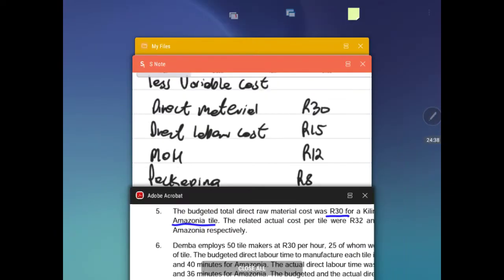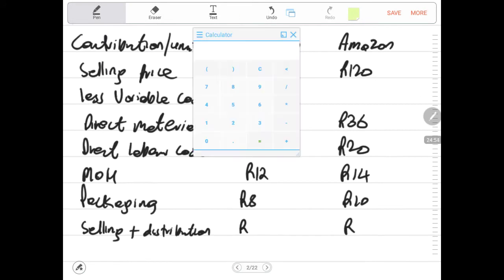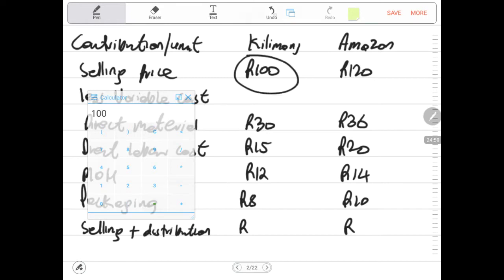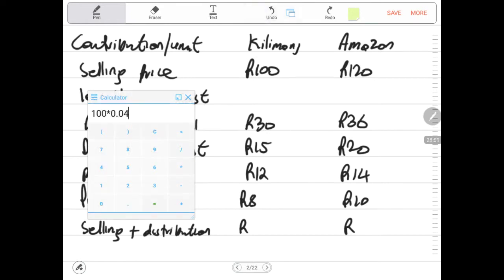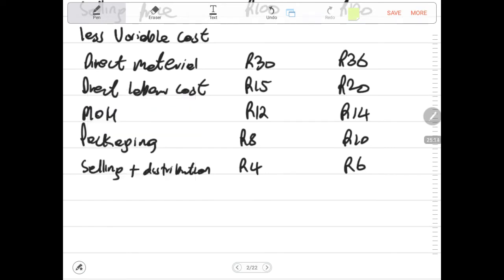So now let us look at the variable selling and distribution cost. It is said that it is 4% of the selling price, meaning 100 rand, our budgeted selling price, because we are dealing with the budget. Multiply this by 4%, it gave us 4 rand, and again 0.05 multiplied by 120 gave us an amount of 6 rand.